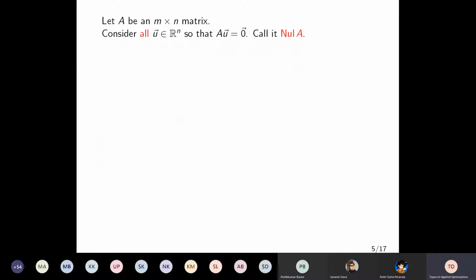Okay. So now actually we can define something called the null space. The set of all u in Rn so that A times u is equal to 0 is called the null space of A. So null of A is the set of all u in Rn such that Au is equal to 0.